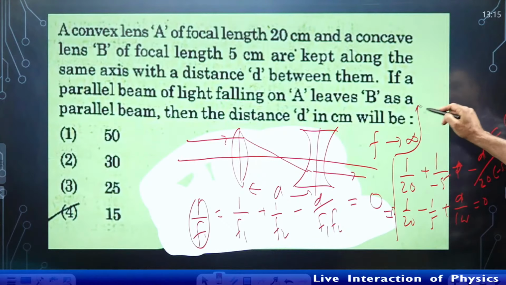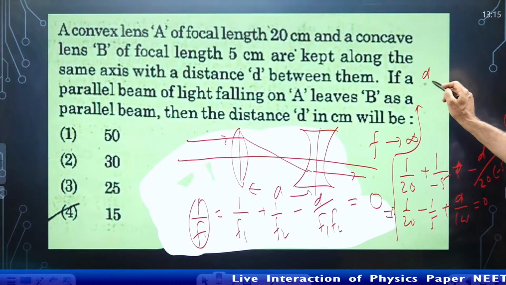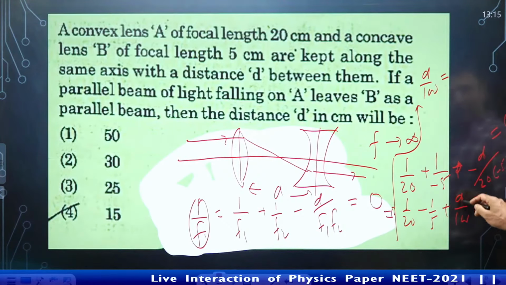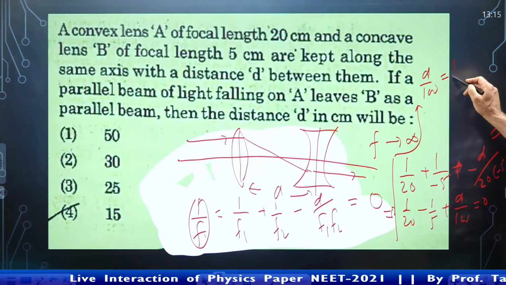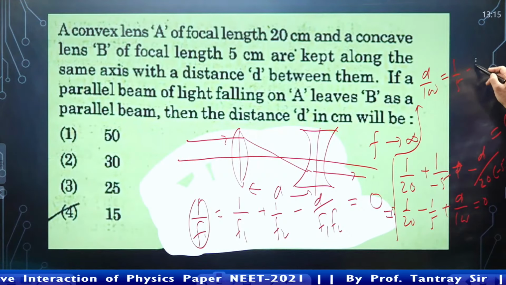That is d by 100. Put it on the other side: 1 by 5 minus 1 by 20.